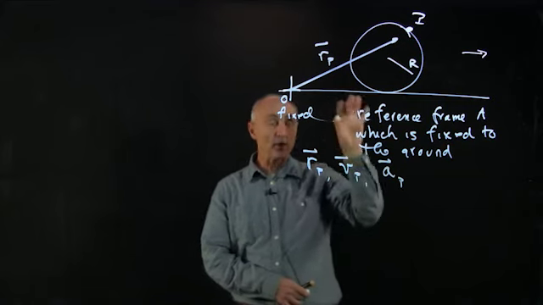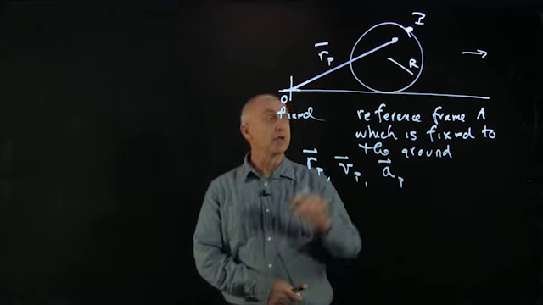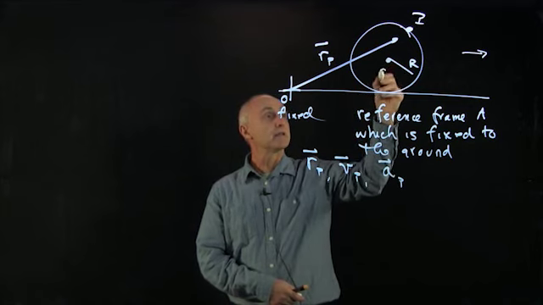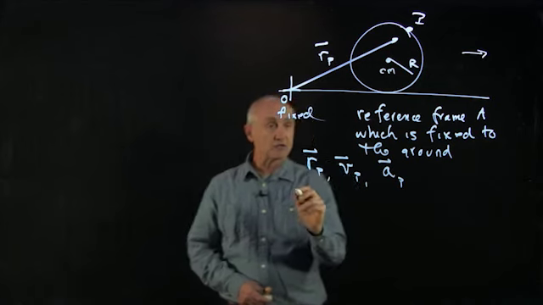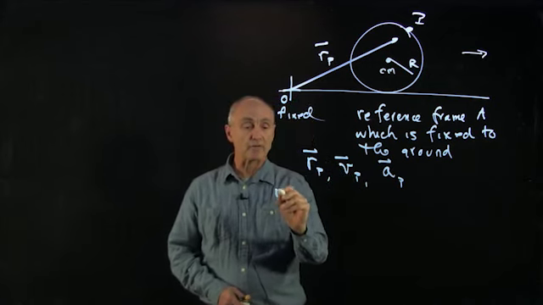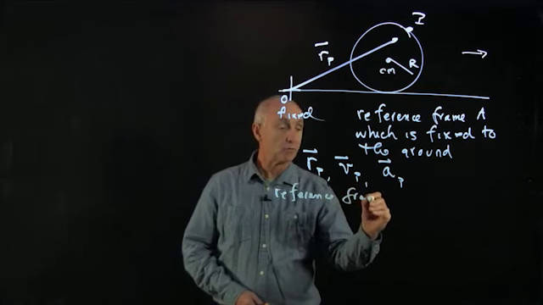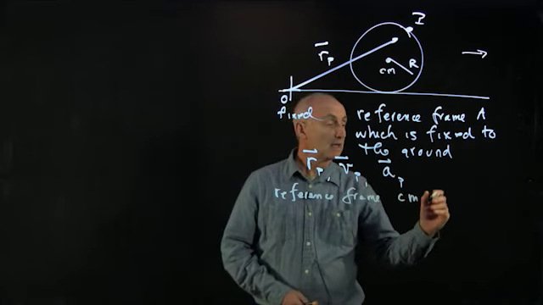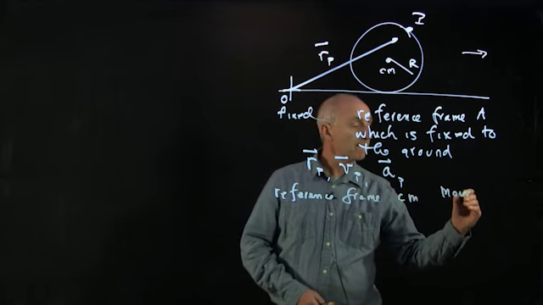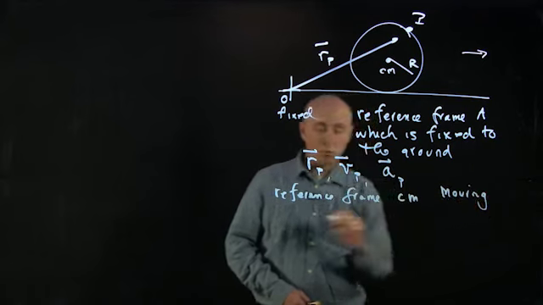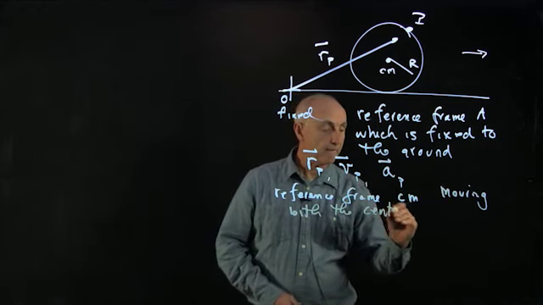Now, this can be quite complicated, but what we're going to do is consider a second reference frame that is located at the center of mass of the wheel. So our second frame, we'll call this frame CM, is moving with the center of mass of the wheel.